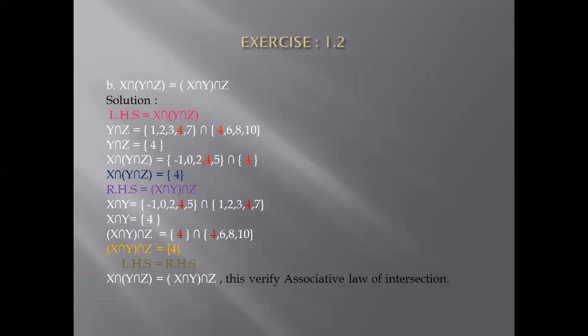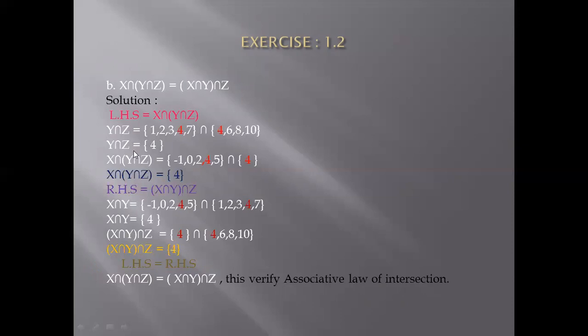Associative law of intersection. What is the meaning of intersection? Taking the common elements. Good. Now see the left hand side: X intersection Y intersection Z. Y is a partner of Z. It means that first we take the intersection of Y and Z. Intersection means we take the common elements of Y and Z. There is only one element common between these two, which is 4.